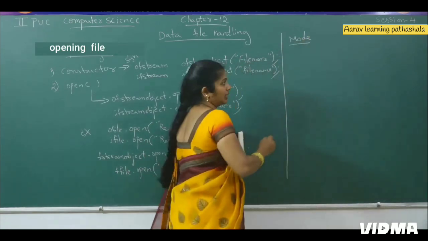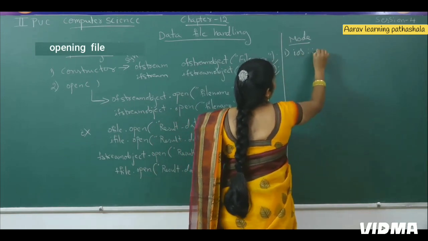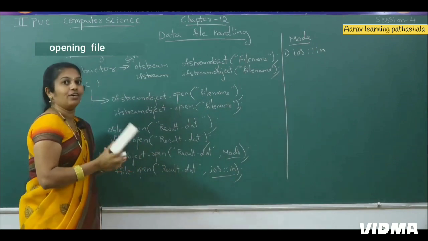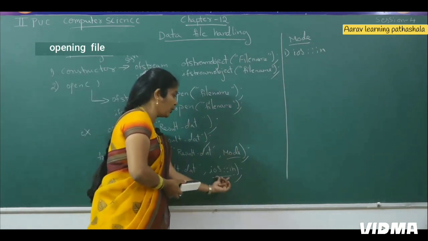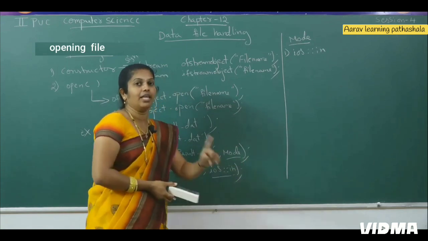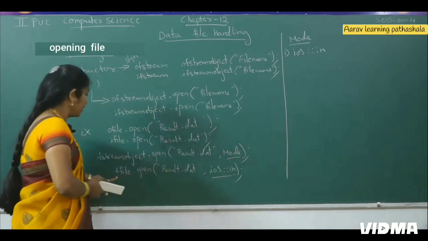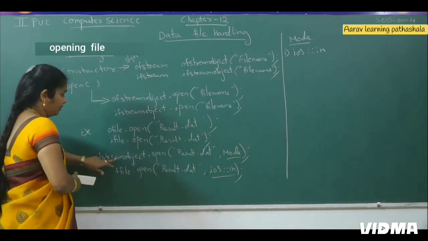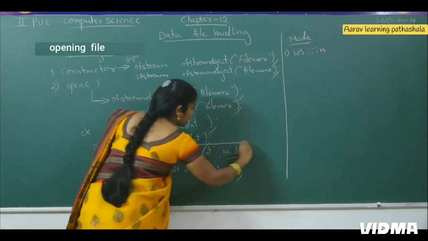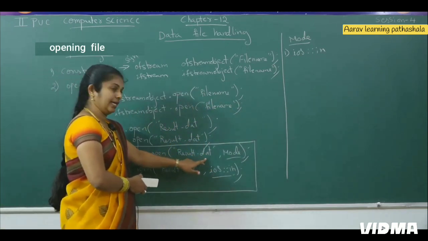Under that, the first one is ios scope resolution operator in. Here we are opening the file for input purpose. On the place of mode we can write ios in. For input purpose, the computer reads. While writing the syntax, fstream object dot open, result dot dat.